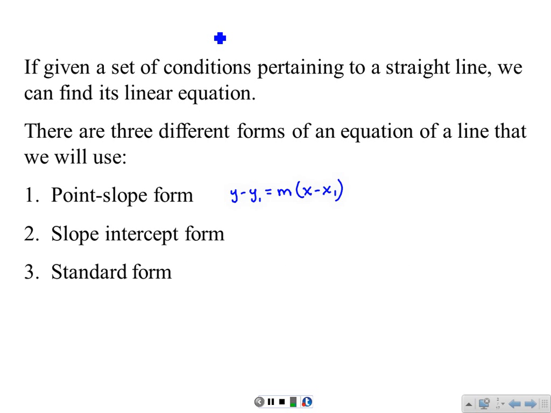Slope-intercept form is y equals mx plus b. And standard form is ax plus by is equal to c. On the test, I will say put your answer in slope-intercept form or put your answer in standard form. So point-slope form is just a formula that we'll use to get to the other two.